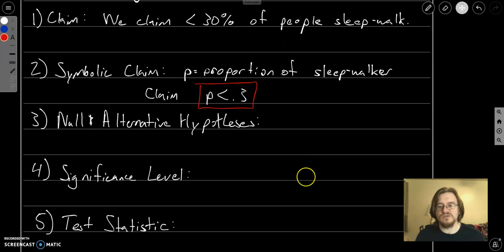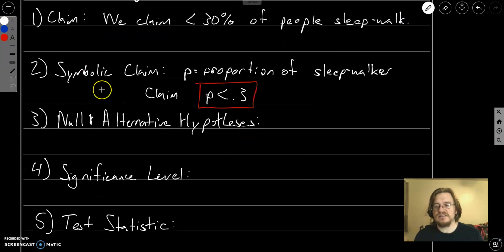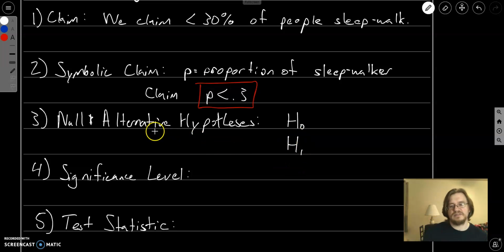Now, in order to really test this, what we need to establish is a null hypothesis and an alternative hypothesis. The null hypothesis, we normally write H0, and H1 is the alternative hypothesis, although you will see HA as well. The null hypothesis is always setting the proportion that we're testing equal to the value that we're looking at.